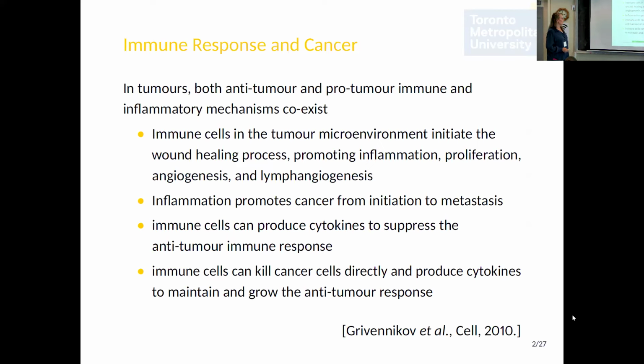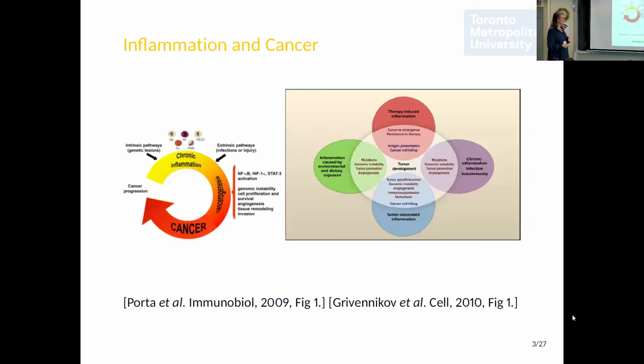So again, I'm considering in this talk the pro-tumor actions of immune cells. Immune cells initiate the wound healing process. They promote angiogenesis, invasion, lymphangiogenesis, matrix remodeling, and it's generally associated with a lot of bad things in cancer. This is a nice slide I like to talk about, where there's a bunch of different sources of information.